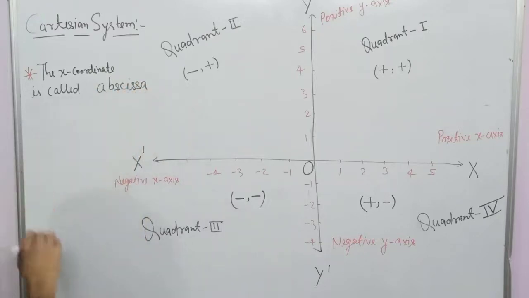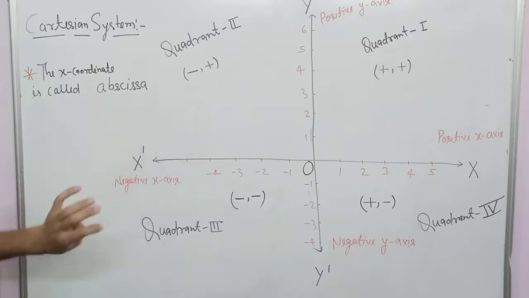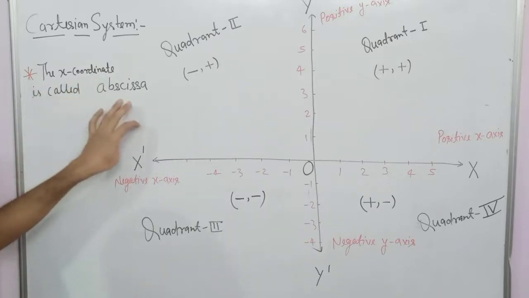Abscissa, just see the spelling here. Okay, abscissa. The x coordinate is called abscissa.